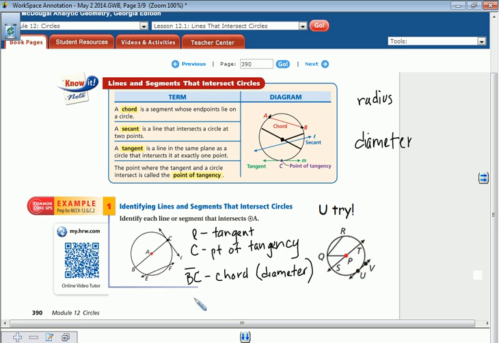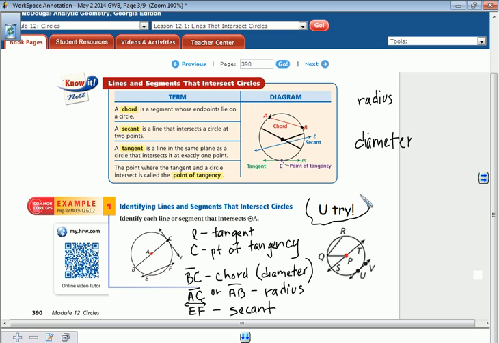And then for a radius, we could say AC or AB. Those are both radii. All right, and then we would have line EF, which is a secant because it passes through 2 points.